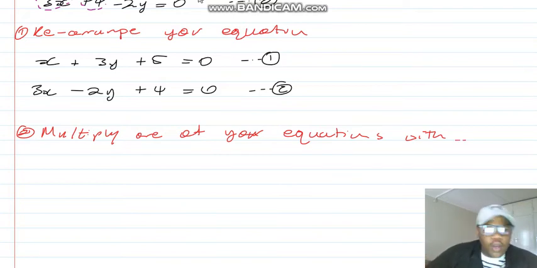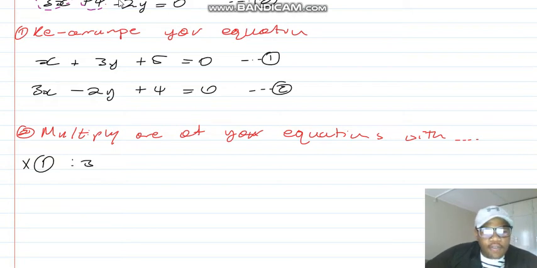Try to put what I just said in your own words and make your own notes. If you multiply the top one, equation number 1, by 3, you can get 3x, right? So multiply equation number 1 by 3.